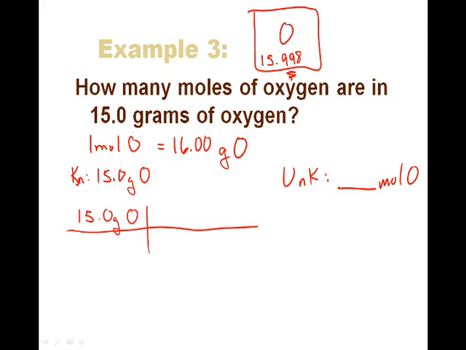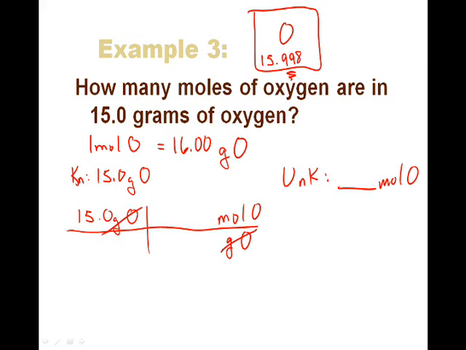I want my gram unit to cancel out, so I'm going to put grams of oxygen on the bottom, and the other thing I convert to is the thing we're looking for, moles of oxygen. So these factor to 1 and go away.